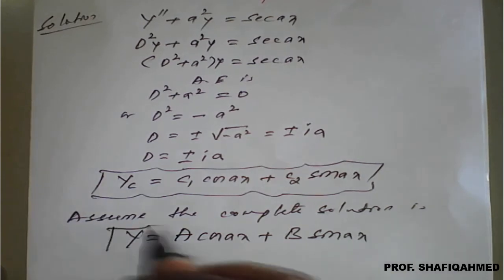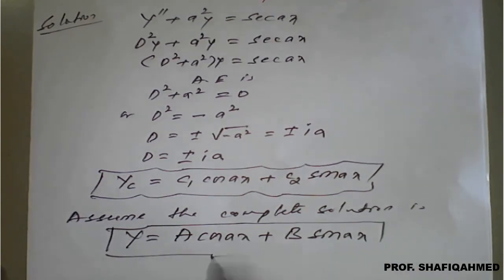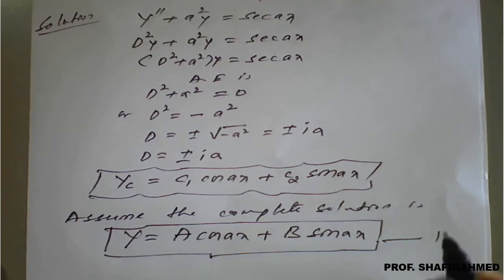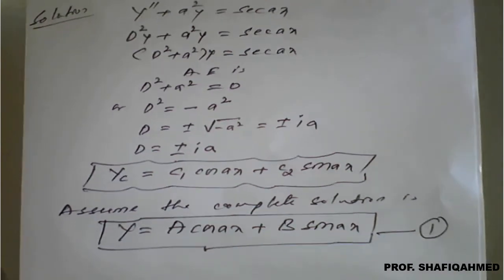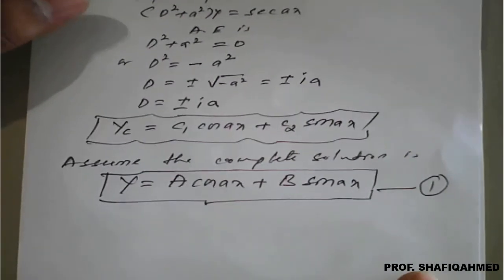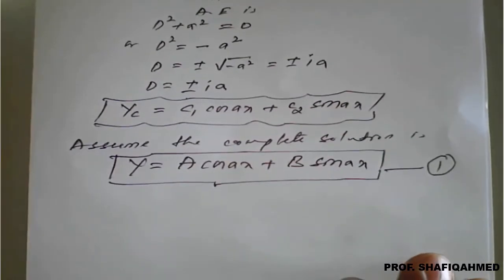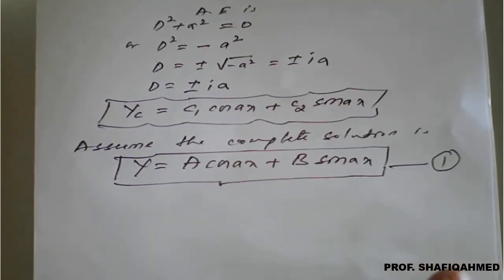So this is a complete solution we have assumed, and we'll confirm it in the form of the final complete solution by substituting the values of a and b.